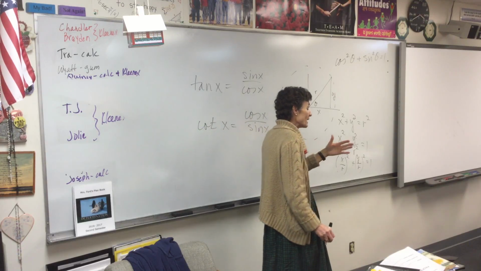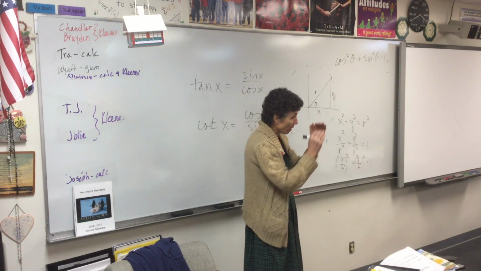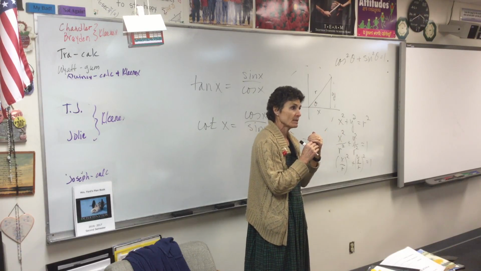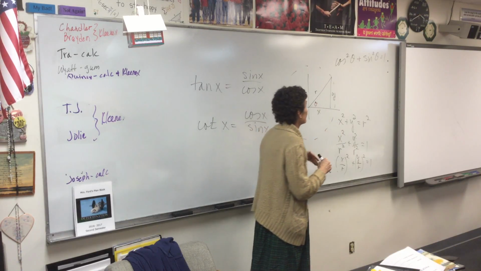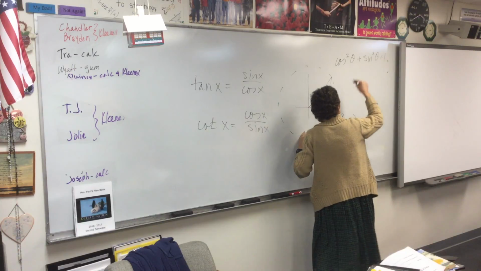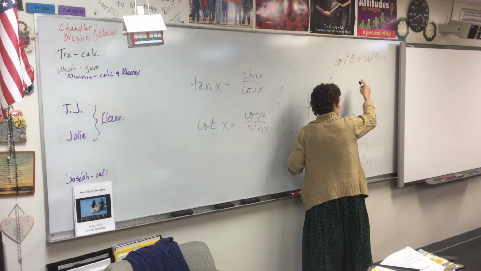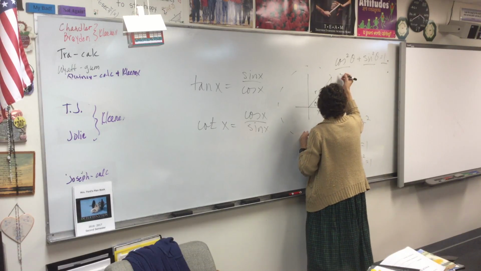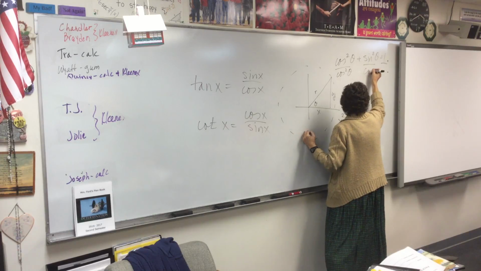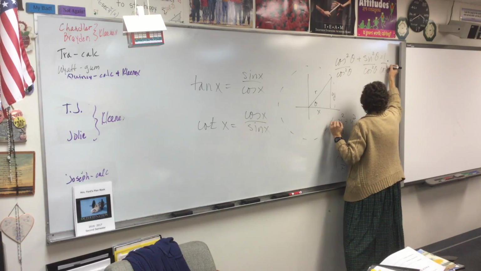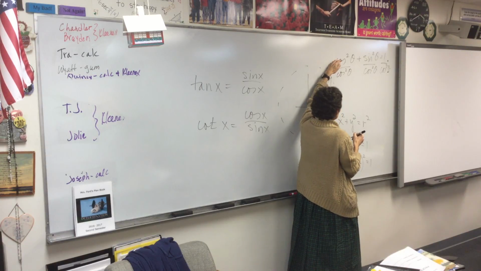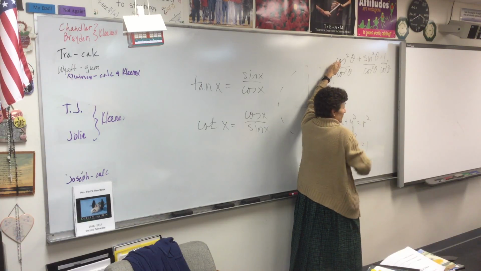Now, if you're looking at the box in the book or on the green sheet, there are other identities listed as Pythagorean. It's not just this one. Those other ones come from this one. So if I divide everything, let's say, by cosine squared, then what does this say now? I took my fundamental trigonometric identity and divided everything by cosine squared.